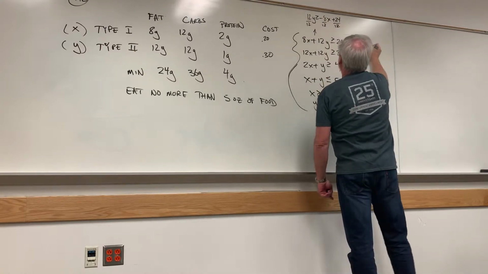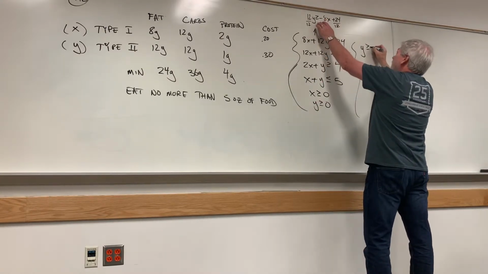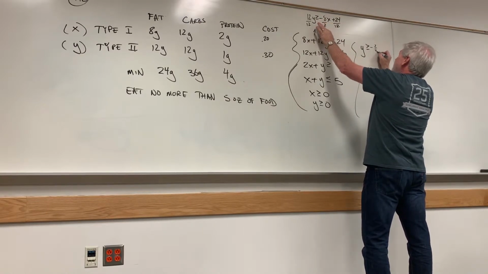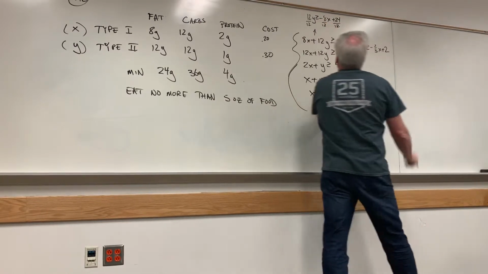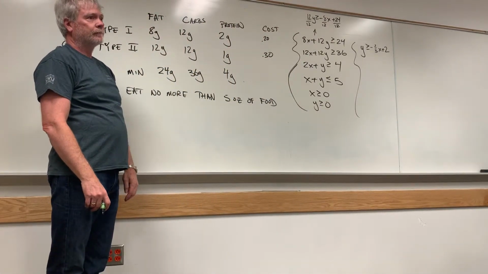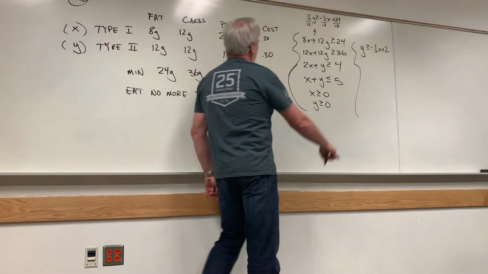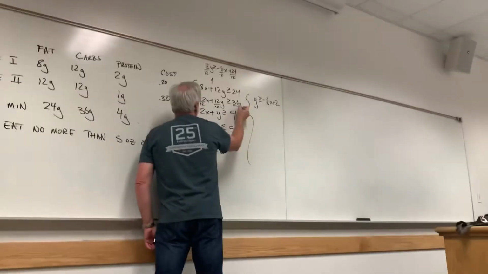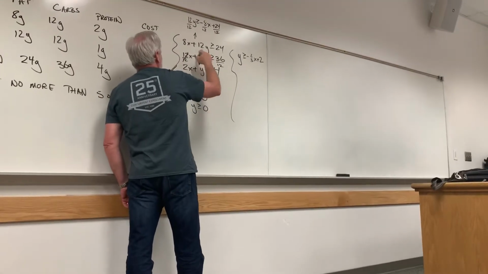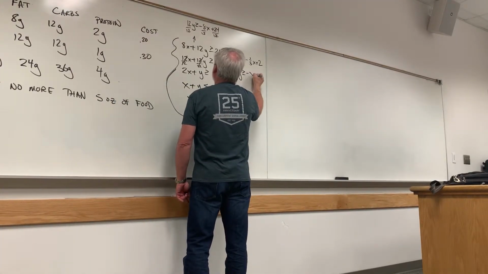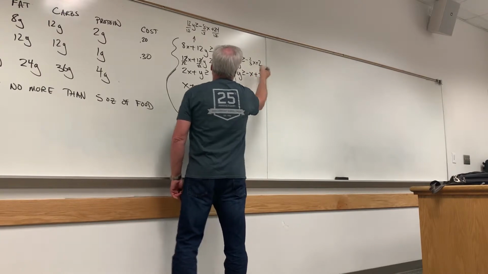I have y greater than or equal to minus 2/3 x plus 2. Is there questions on what I did on that one? I could divide everything here by 12. Subtract the x. Y greater than or equal to minus x plus 3.